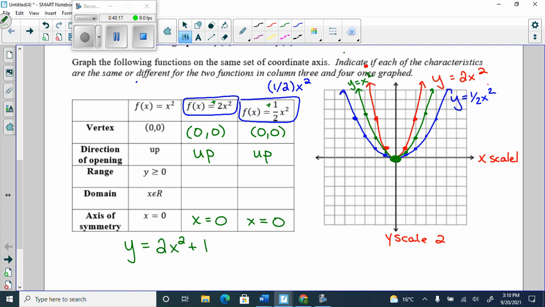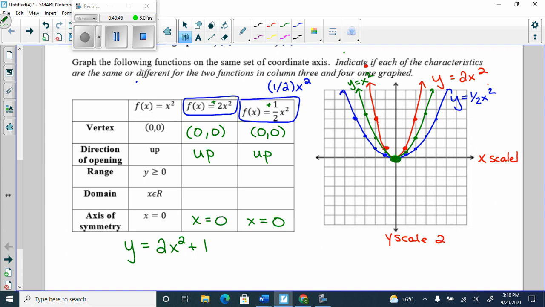And then we're going to go 2, x squared, plus 1. And we press graph. And we look at it. Is it on 0, 0 now? No. Is it concave up? Yeah. Is it a minimum? Yeah, it's still a minimum, right? Mm-hmm. So how do we find that vertex?